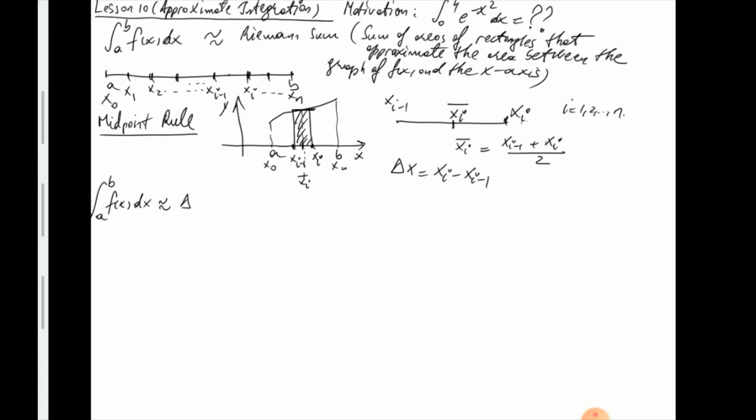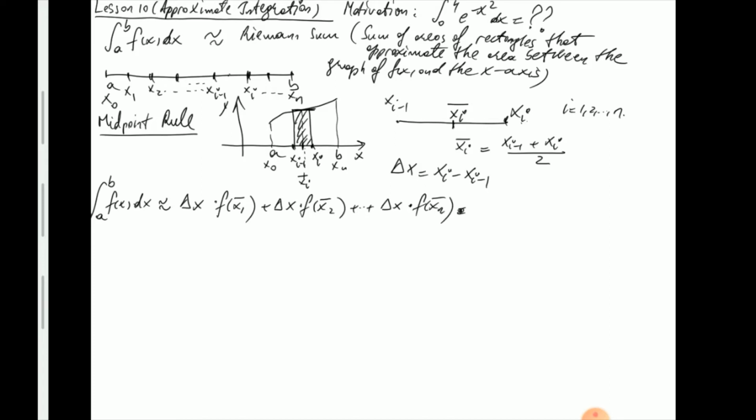So delta x times f of x1 bar, that'll be the first segment here from x0 to x1. Then delta x times f of x2 bar, all the way up to delta x times f of xn bar.